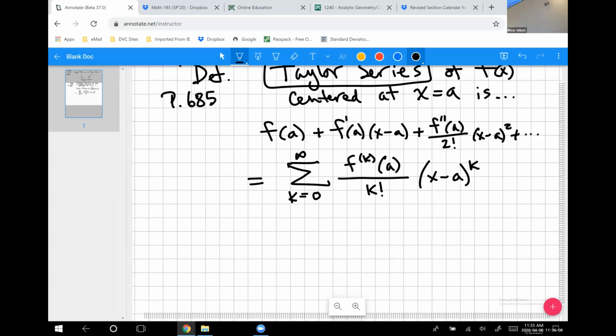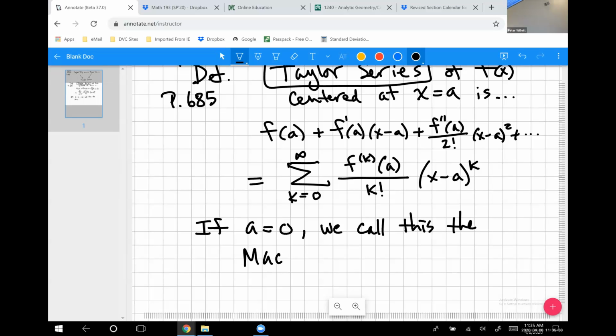because that's a very common thing to do, that gets a special name. So if a is equal to 0, meaning that we're centered at 0, we call this the Maclaurin series.